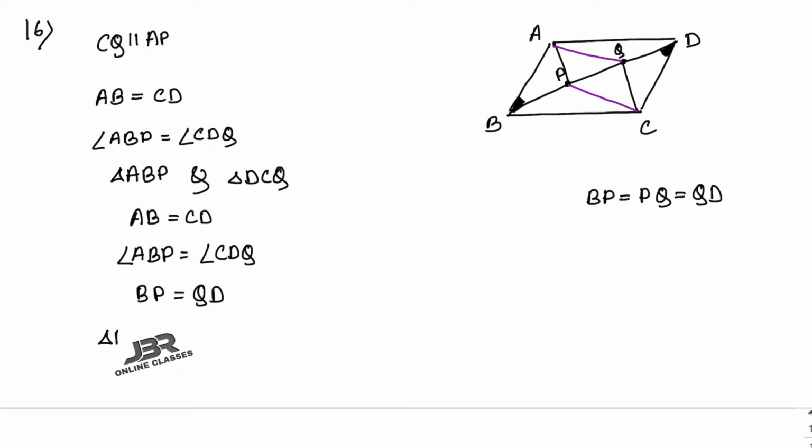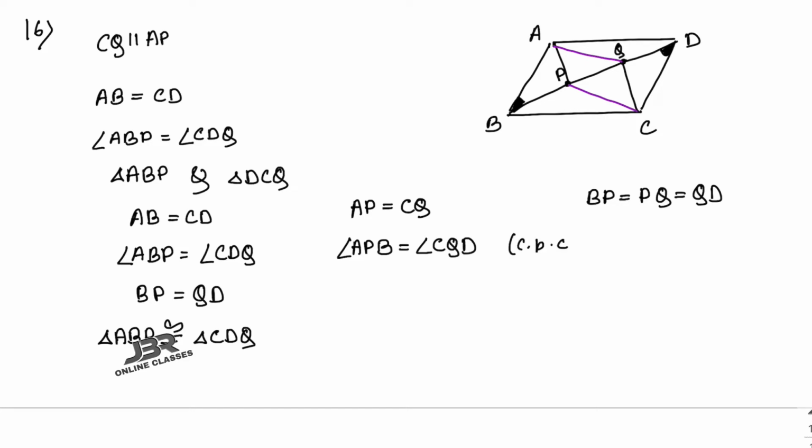So triangle ABP is congruent with triangle CDQ. Now if these two triangles are congruent, then definitely AP is equal to CQ by CPCT. And also angle APB is equal to angle CQD, again by CPCT.